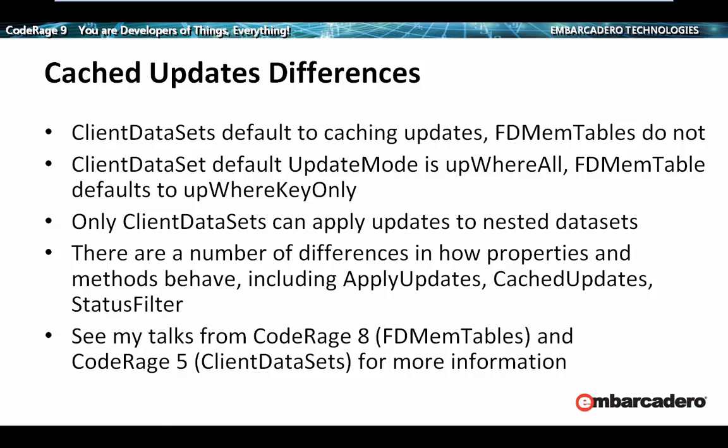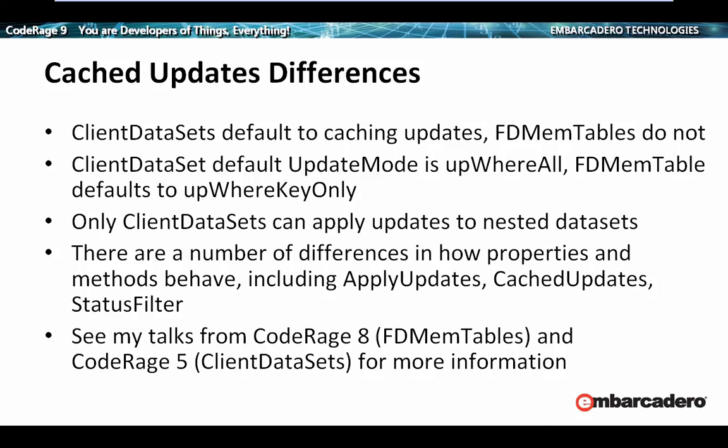It's done for performance purposes, but it is really a critical difference in how updates are applied by default. You need to be aware of that. Most developers prefer the up where all. There's also an up where changed, which allows multiple users to merge their changes together. I'm getting a little bit off track here, but that's an important change to understand.